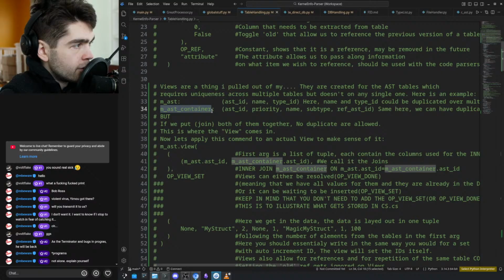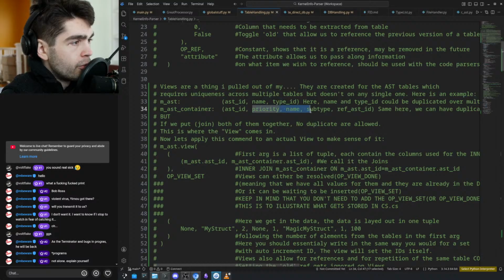And here we have the MAST container, which the same rules apply, right? We could see, like, let's say that we have an int index that is the first value of a struct on 2 different structs. That could happen. That's normal, and we need to accept that.